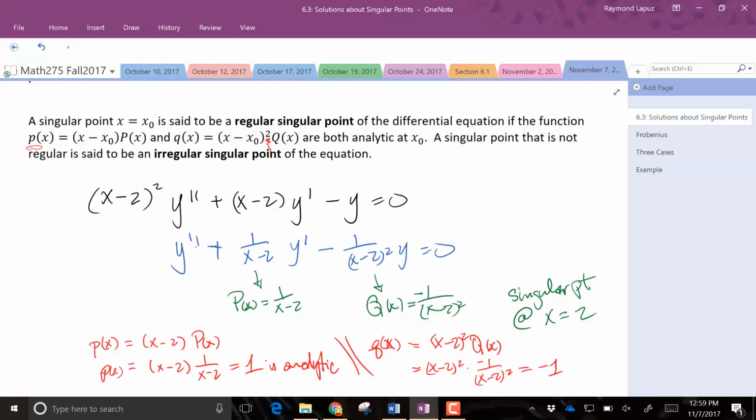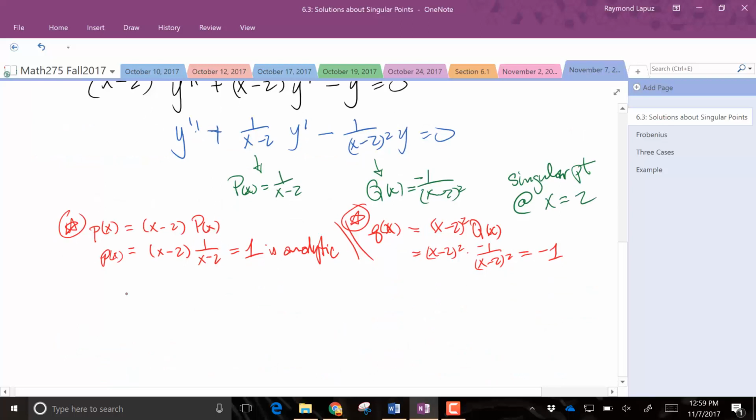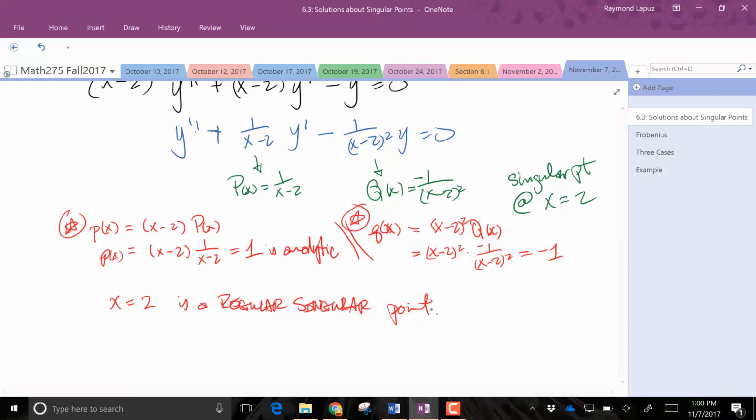So we can conclude that because of these two criteria that have been met, x equals 2 is a regular singular point for the differential equation. Okay?